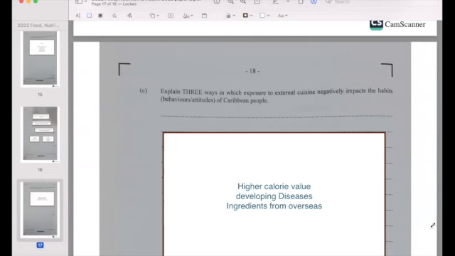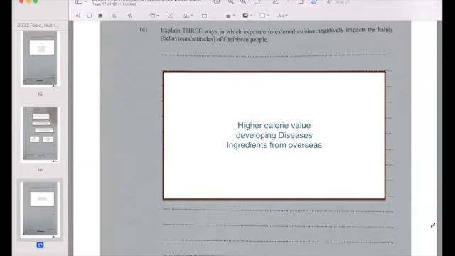exposure to external cuisine negatively impacts the habits, behavior and attitude in the Caribbean. 1, higher calorie value, that will be 1. Developing diseases. Let me explain high calorie value. So for instance, we have to depend on international food items to come in because we don't normally, quote unquote, really grow our own.